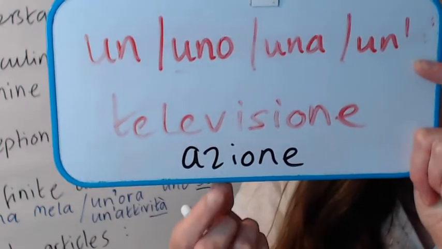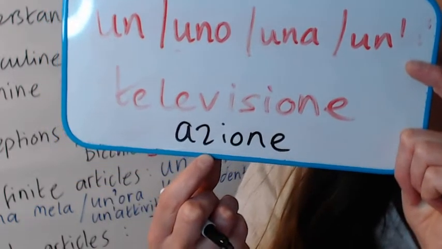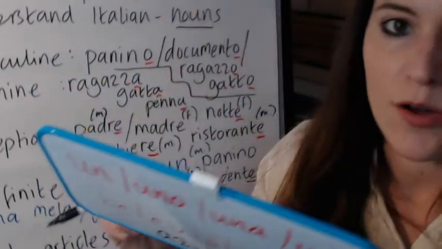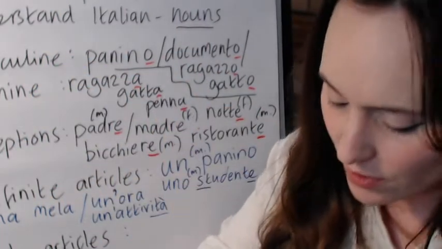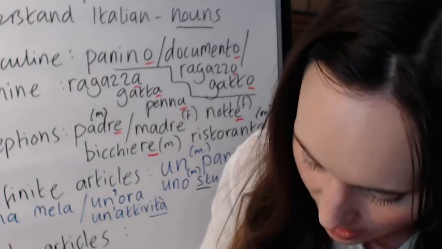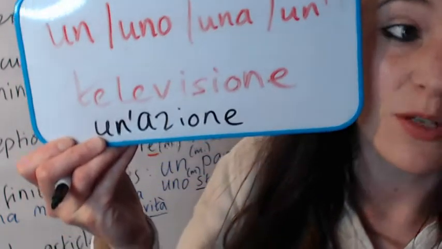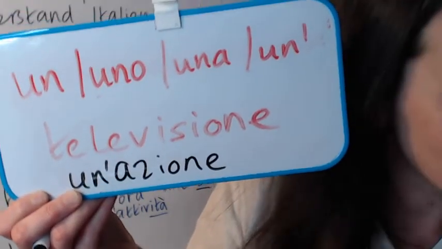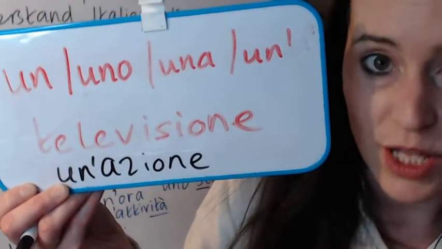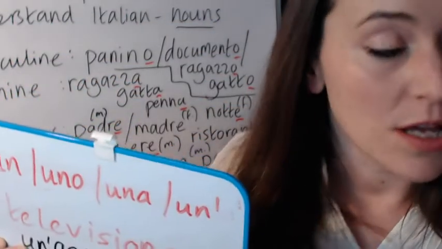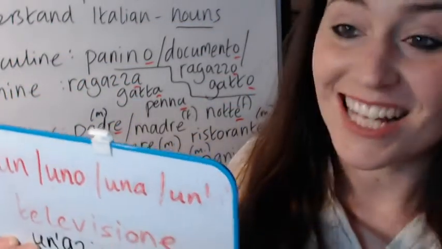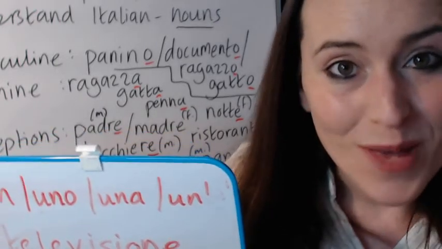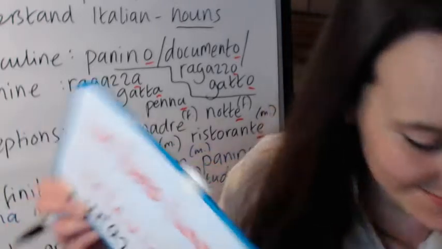But the one underneath, azione, also feminine, we would have un'azione, because the feminine noun starts with a vowel. It's easier to say than una azione, un'azione, okay? Una televisione, uno scrittore, un angelo, it's an angel, un panino, un documento, un dottore, etc.